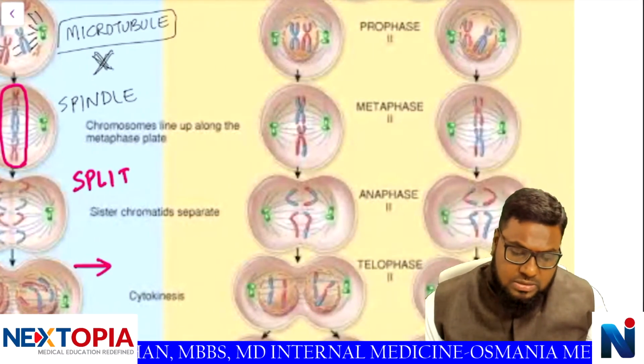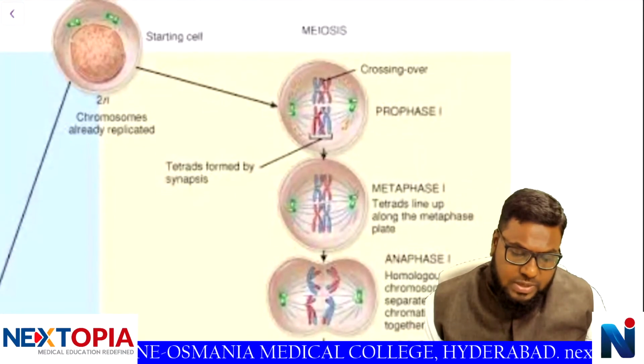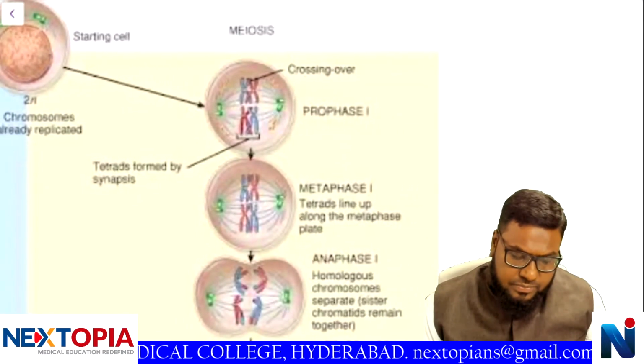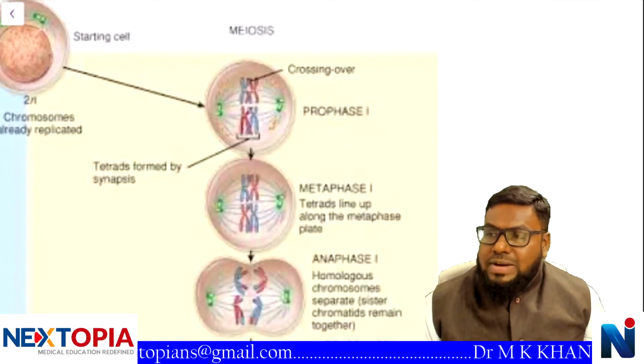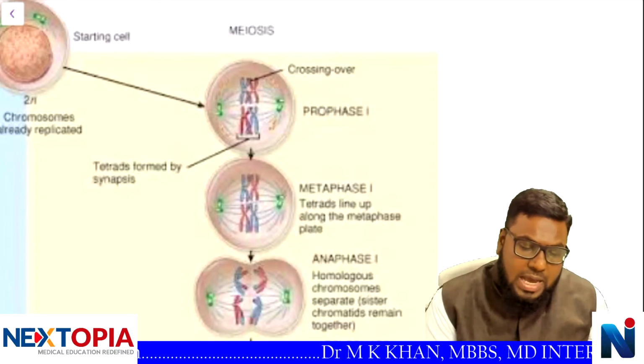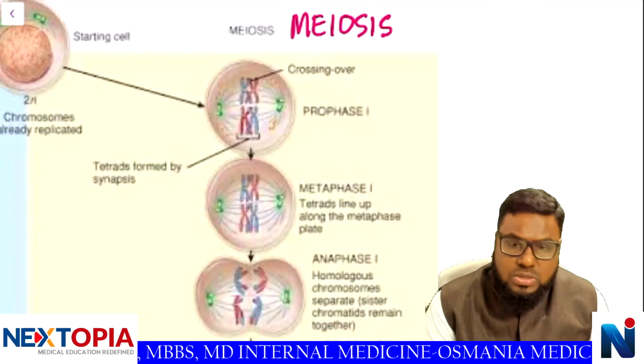In case of meiosis, we have prophase 1, metaphase 1, anaphase 1 and telophase 1. So this daughter cell which has undergone mitosis will now undergo meiosis, M-E-I-O-S-I-S.